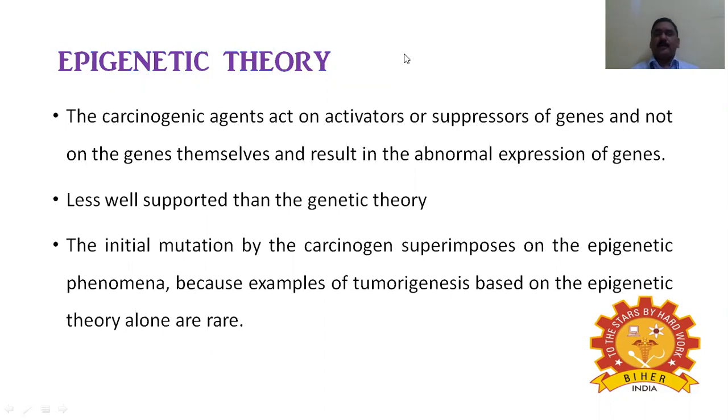The second point: it is less well supported than the genetic theory. The initial mutation by carcinogen superimposes on the epigenetic phenomena, because examples of oncogenesis based on the epigenetic theory alone are more rare.